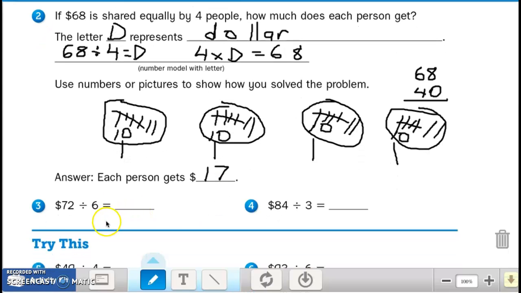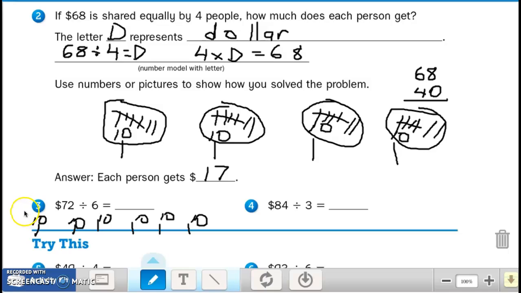Okay. These don't have a lot of places to work it out, so we're just going to do 72 divided by 6. Here we go. We've got 6 people: 1, 2, 3, 4, 5, 6. If we gave each person $10, that would be 10, 20, 30, 40, 50, 60. So that would be 60. And now we've got to get to 72.